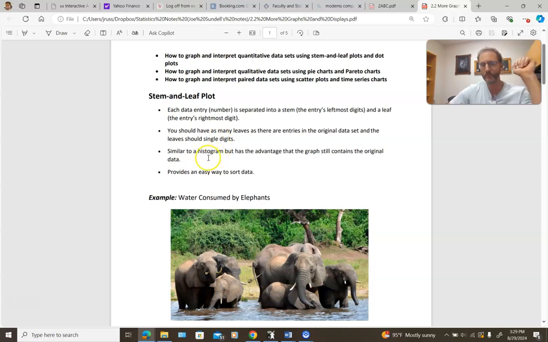Similar to a histogram, it has the advantage that the graph still contains the original data. In a histogram, you lose the data. You're just seeing the frequency of the number of data entries in that particular class or interval, but you don't actually know what the actual data values are. That's what's advantageous about the stem and leaf plot.